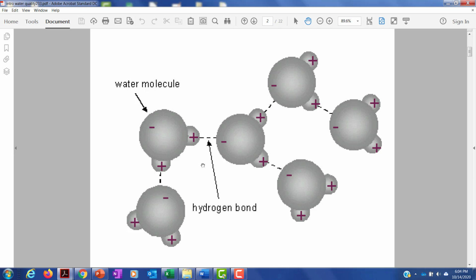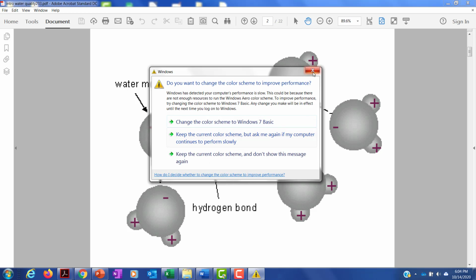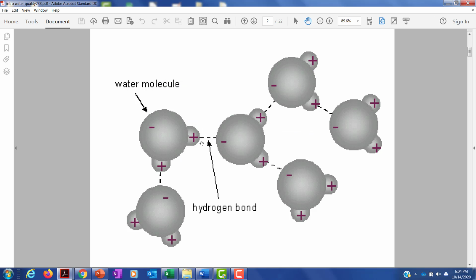Now, that's not really a bond like in classic chemistry, a covalent bond, or maybe you've learned about those, but rather the plus charge of the hydrogen and the negative side of the oxygen attract each other and they stick together. And that bond is very hard to break. It takes a lot of energy to pull two water molecules apart because of this strange configuration that they have.